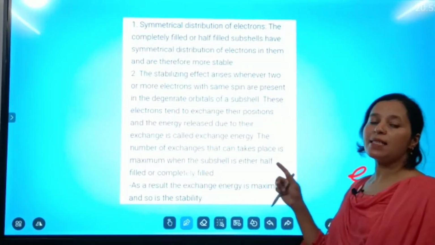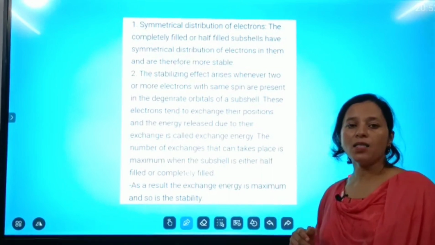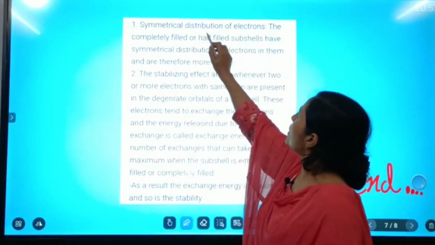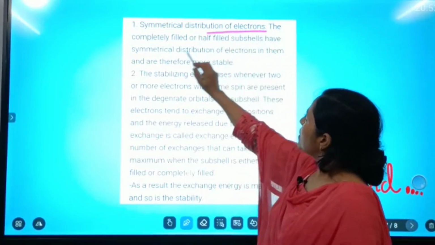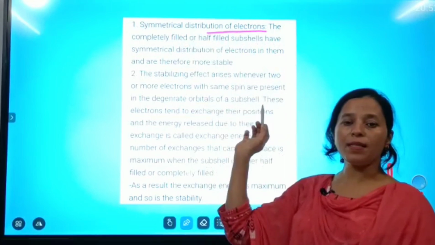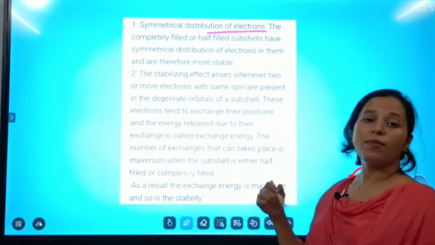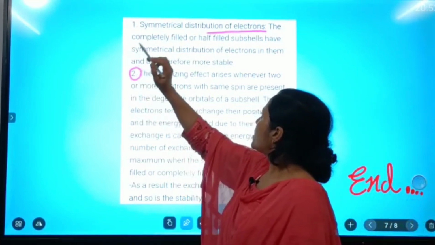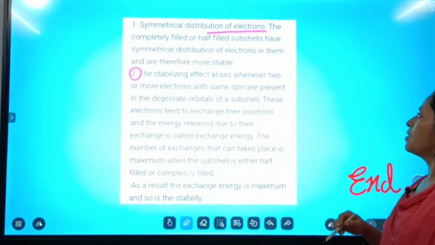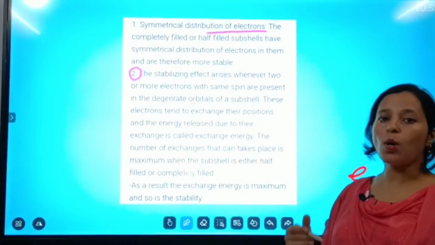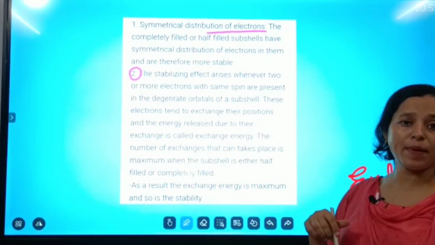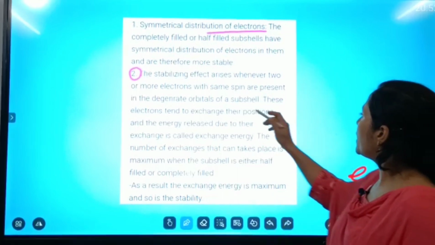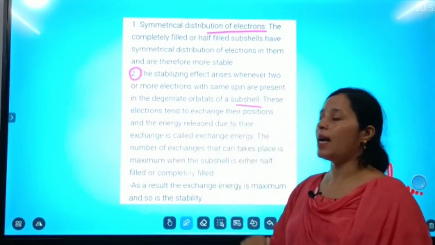So whatever we have discussed in Hund's rule of maximum multiplicity is symmetrical distribution of electrons. The completely filled or half filled subshells are more stable. Why they are stable, I have explained to you. In the second point, the stabilization effect: whenever 2 or more electrons with the same spin are present in degenerate orbitals, the greater will be the stability of that atom.